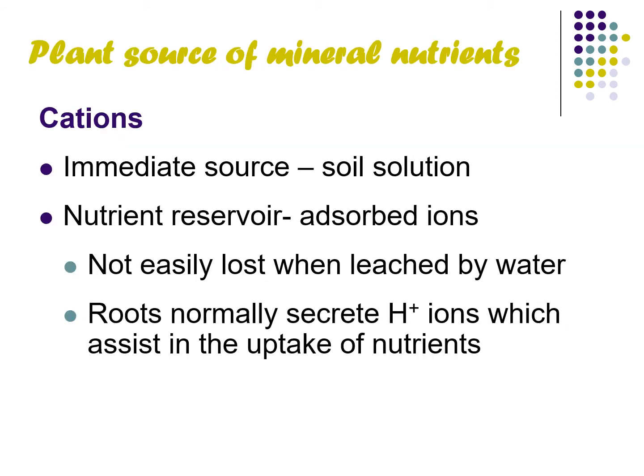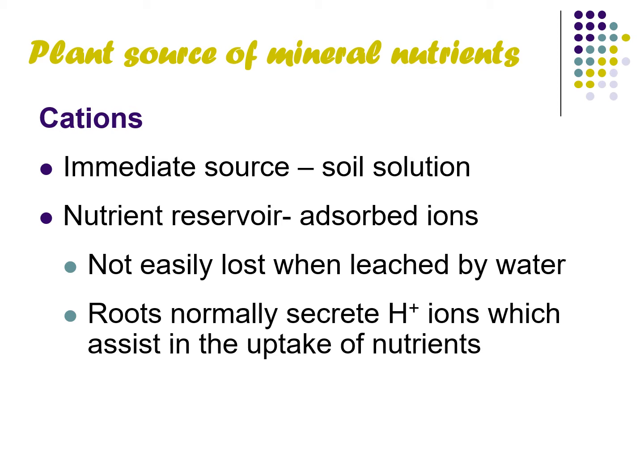The immediate source of cations for the plants is found in the soil solution. As plants absorb soluble nutrients, they are continually replaced by those adsorbed in clay or humus. These ions are not easily lost when leached by water, and roots normally secrete hydrogen ions which assist in the uptake of nutrients.